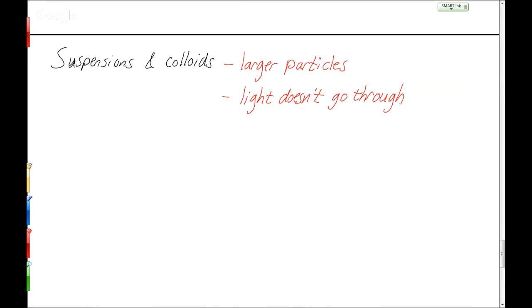And in fact, that's what separates suspensions from colloids. Suspensions, the particles are big enough that they will settle over time. So if you let something sit and particles settle down to the bottom, that indicates that that's a suspension.